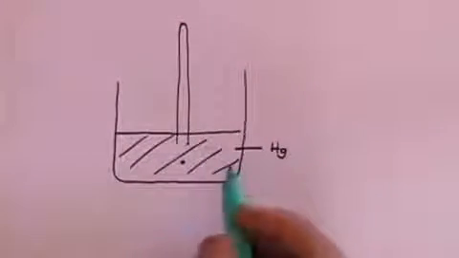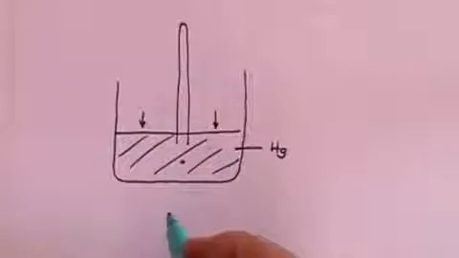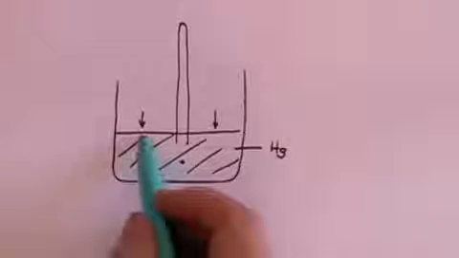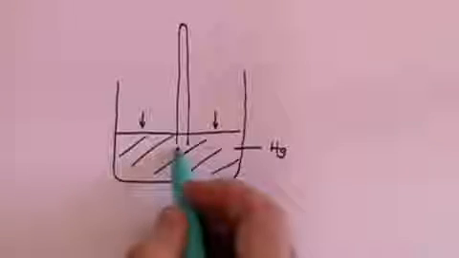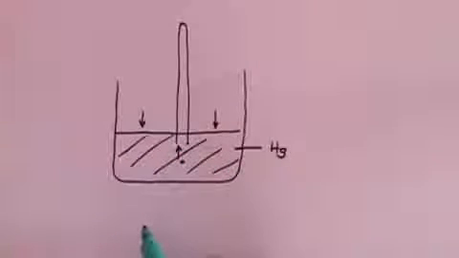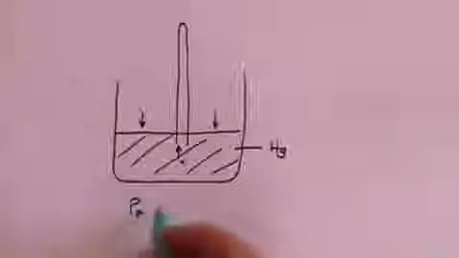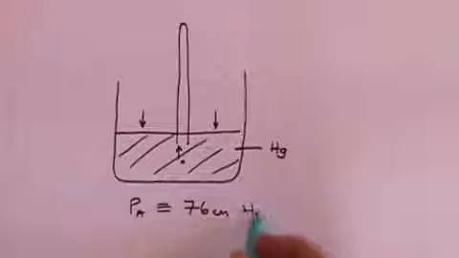What will happen? Well, we've got atmospheric pressure bearing down on the surface of the fluid, and that atmospheric pressure is transmitted through the fluid and is also pushing up here. And you'll remember that we said earlier that the atmospheric pressure was the equivalent of 76 centimetres of mercury.